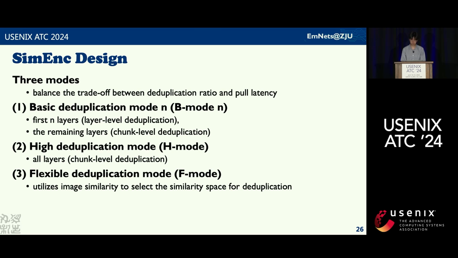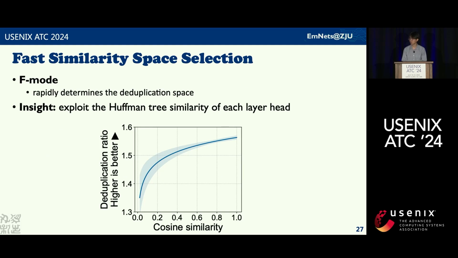The second mode is the high deduplication mode, which deduplicates all layers at the chunk level after partial decoding. And the third mode is the flexible deduplication mode, which utilizes the container images' similarity to detect the similarity space for deduplication, balancing the duplication ratio and throughput.